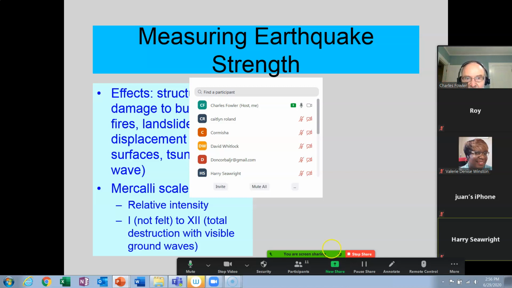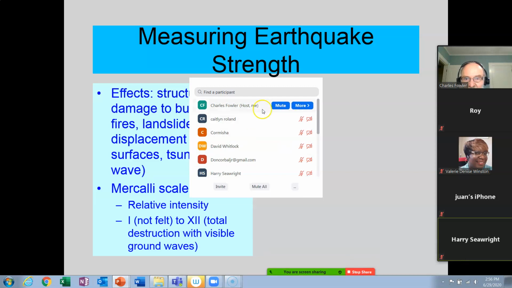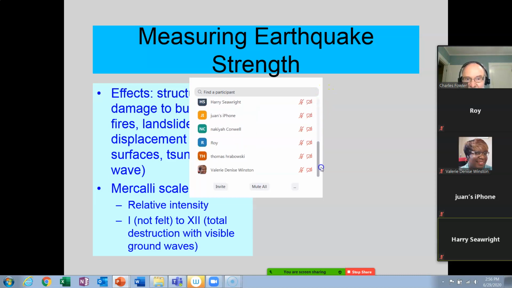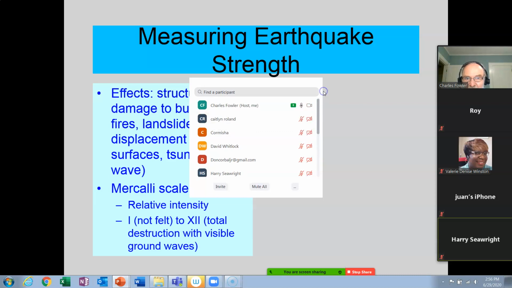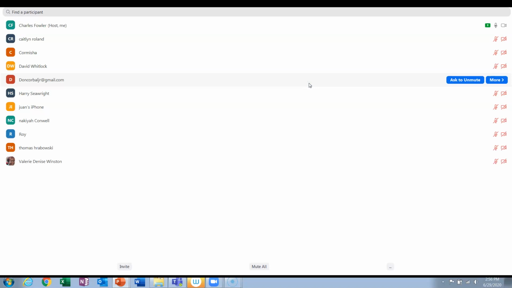Now, why in the world doesn't give me any opportunity to close this? Oh, that may be it. Nope. What is it doing here? I don't know. Yuck. I've never had this happen before. Okay.